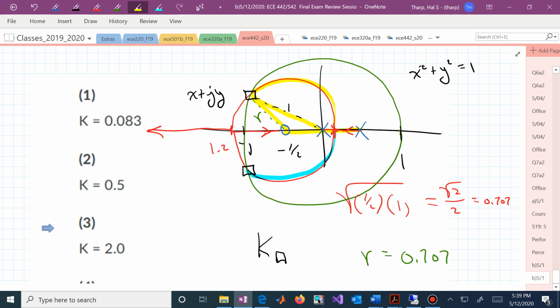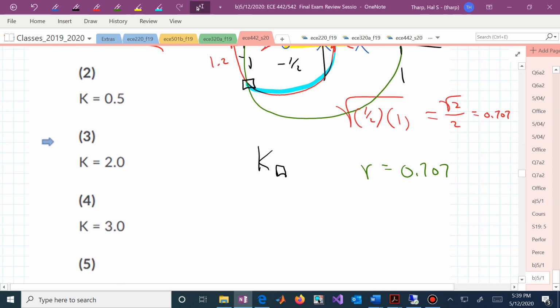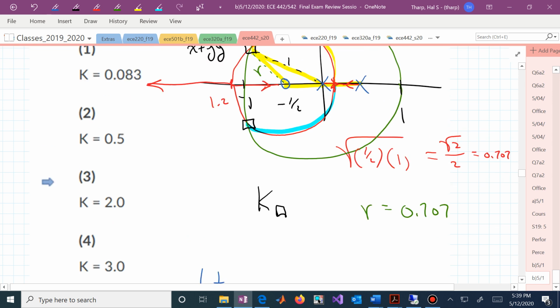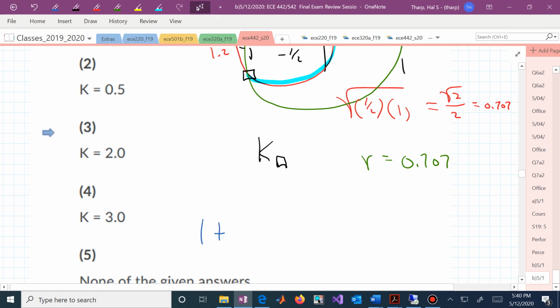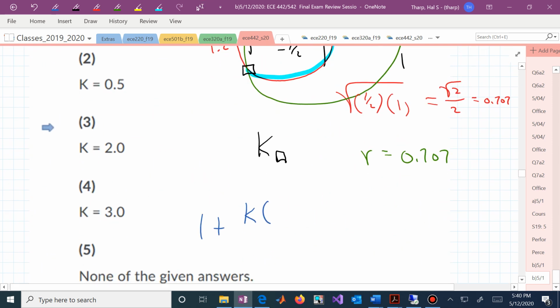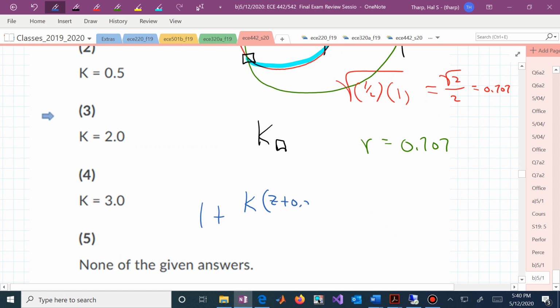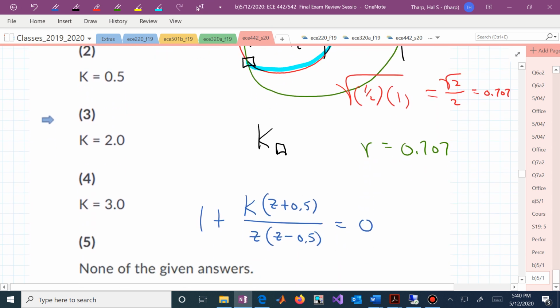Or you could find another way, might be to say, wait a minute, I know my closed loop system is now 1 plus K times whatever I had. What was it? z plus 0.5 over z times z minus 0.5. That's going to determine my closed loop poles.